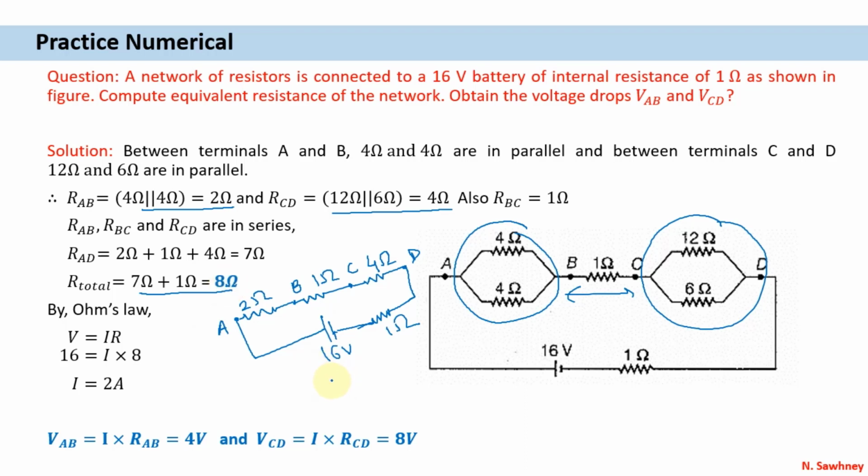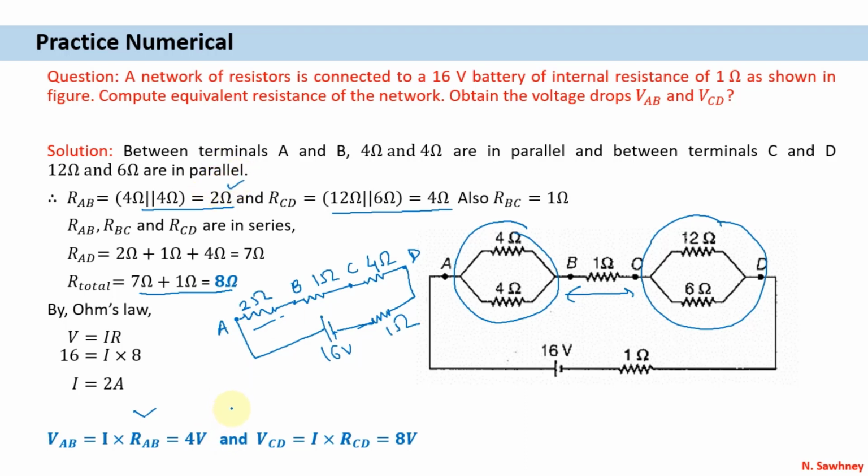Now in order to calculate the voltage drop AB, VAB will be equal to current into resistance between the terminals A and B. That is, we have just calculated RAB as 2 ohm here.